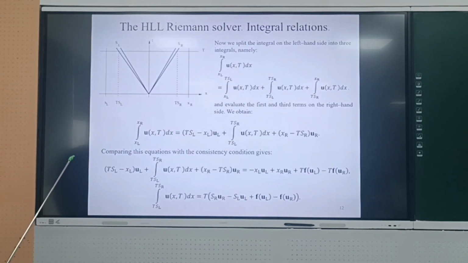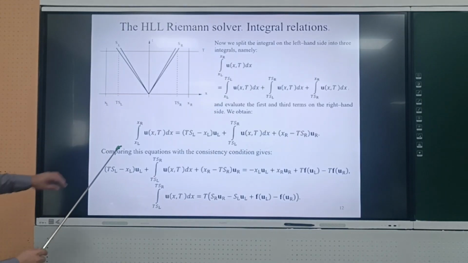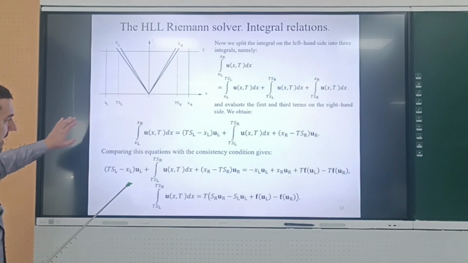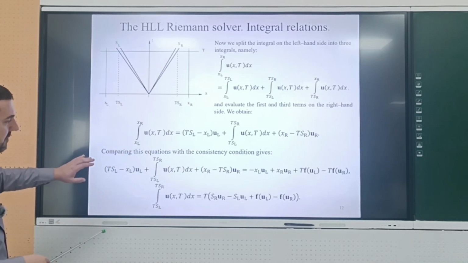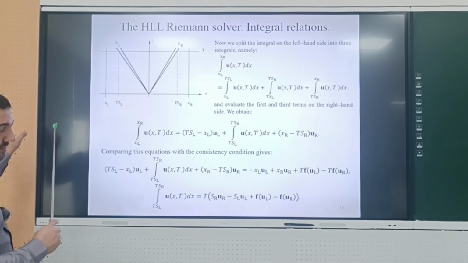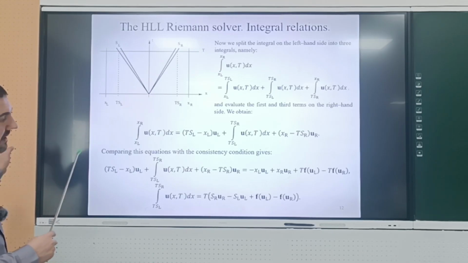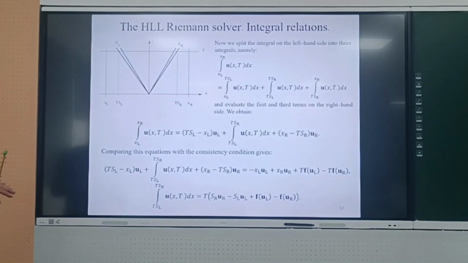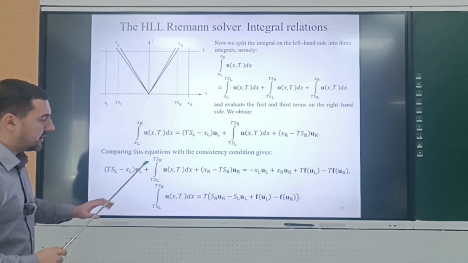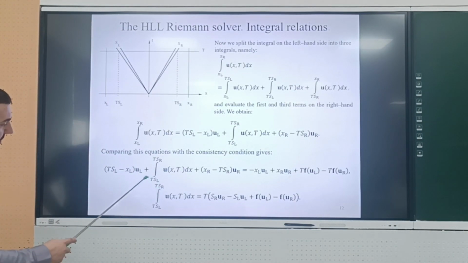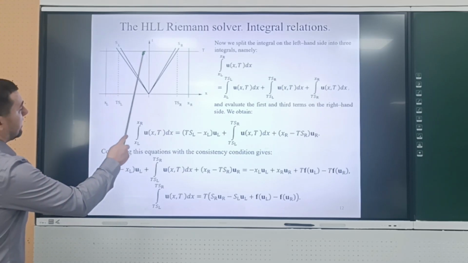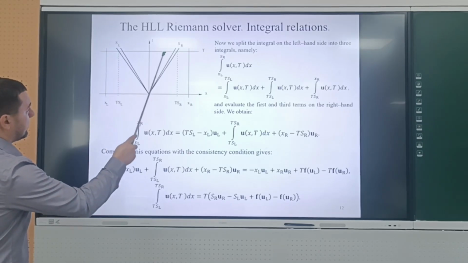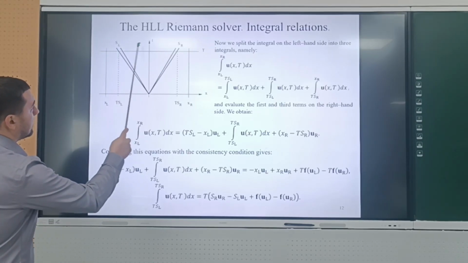Comparing this equation with the consistency condition, we get this equation, and we can see that a number of terms just cancel out because they exist in both the left and right-hand sides of our equation. So we obtain this equation: this is the integral from T SL to T SR of this function U(x,T).